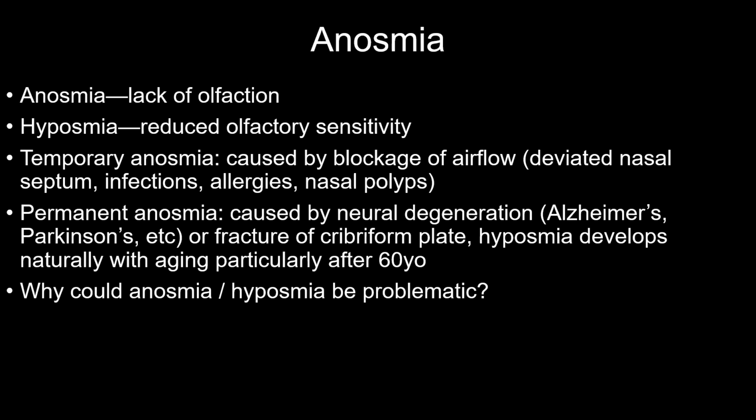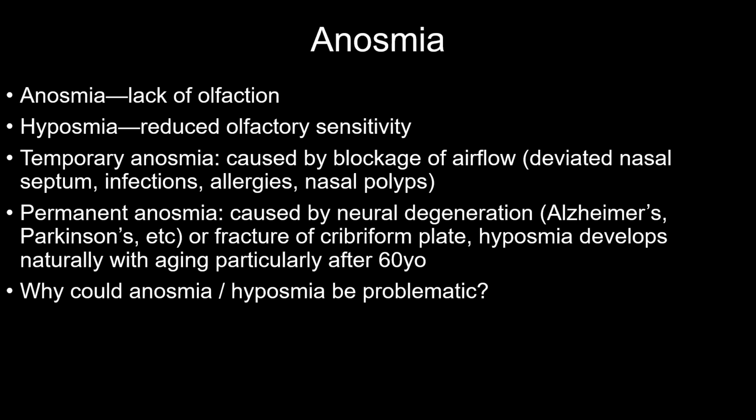And remember, that olfactory nerve actually sits directly on top of, or passes through, that cribriform plate. And so damage to that very sensitive bone is highly likely to affect an individual's sense of smell. And the neural degeneration from Alzheimer's or Parkinson's often impairs the individual's sense of smell just by degrading those neurons.